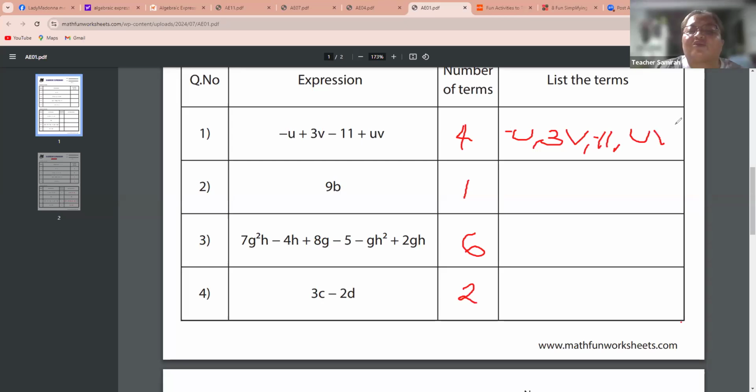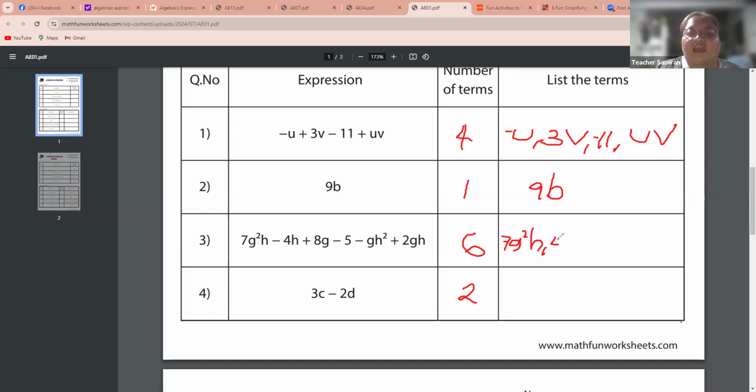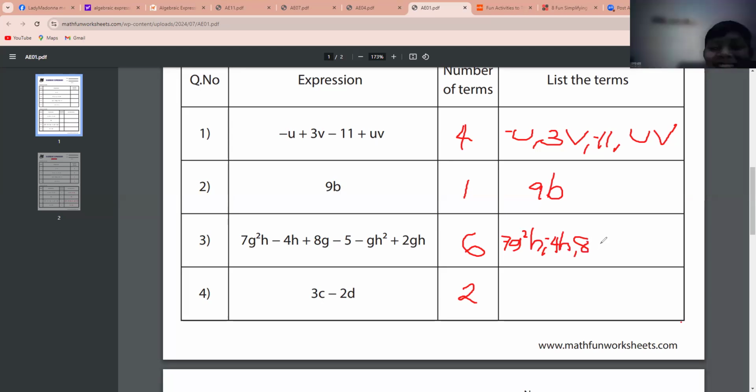How about number 2? What are the terms? 9b. How about number 3? 7g squared h, g squared h, negative 4h, 8g.